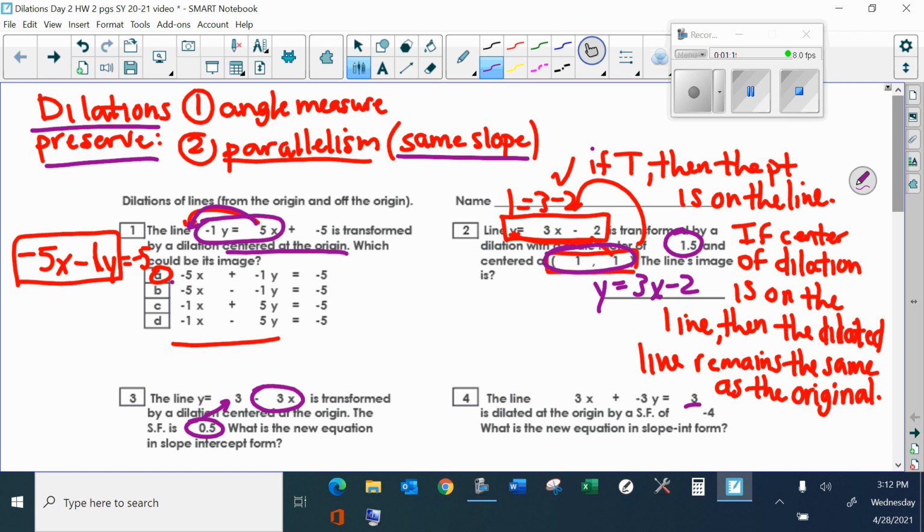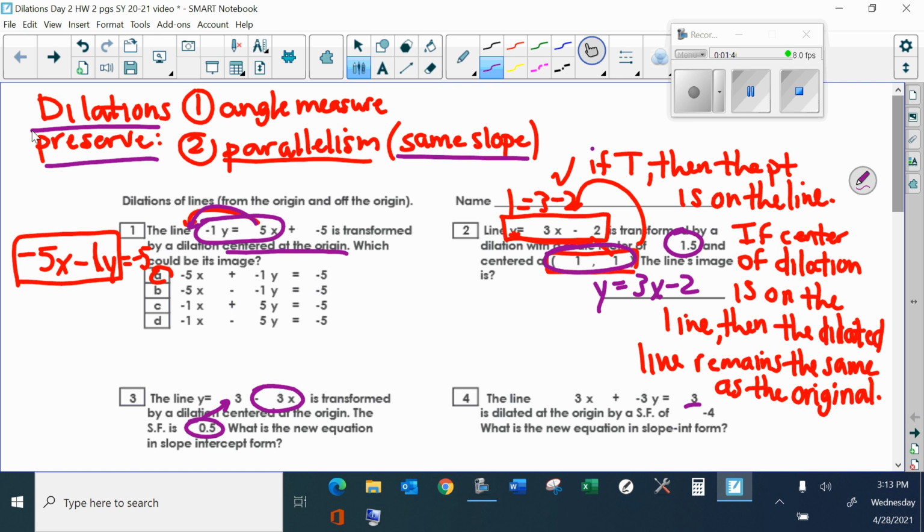So the only one that says negative 5x minus y is A. Oh, sorry, B says a negative and negative, which is positive. Okay, so our answer is A. Doesn't matter about the y-intercept. As long as the slope's the same, then it's parallel, and therefore it's a dilation.